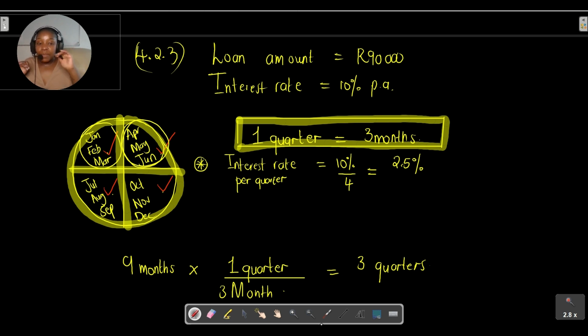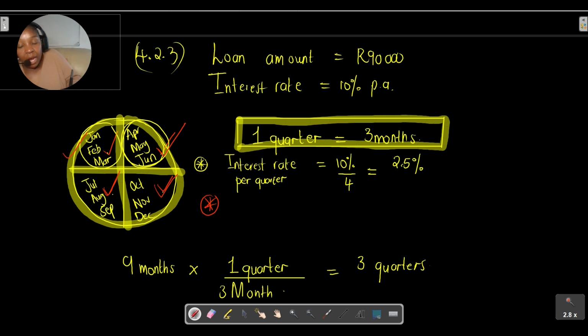So every time that interest is added in each quarter, 2.5% is added: 2.5% in the first quarter, 2.5% in the second quarter, 2.5% in the third quarter, 2.5% in the fourth quarter. Maximum interest 10%.